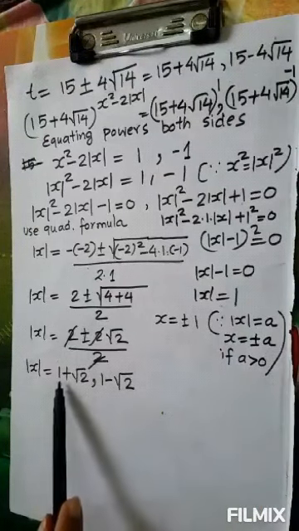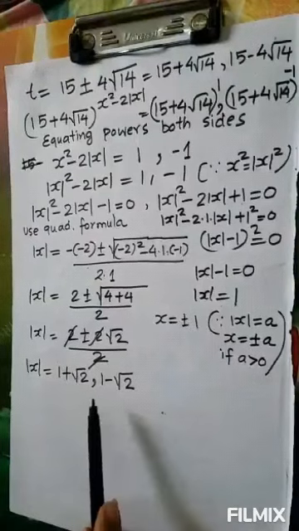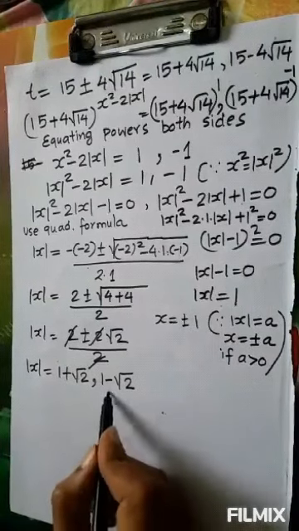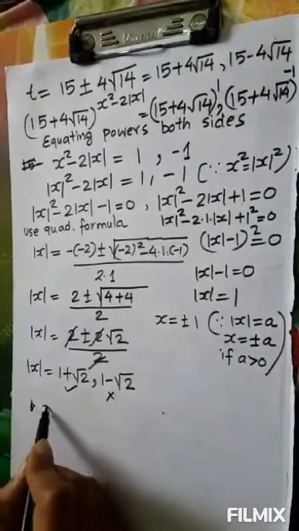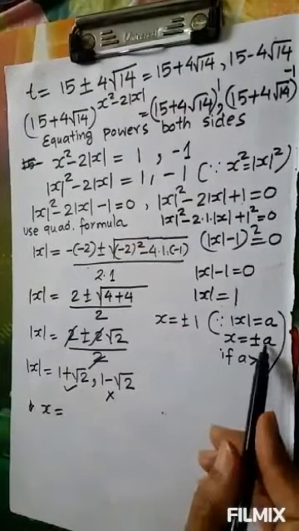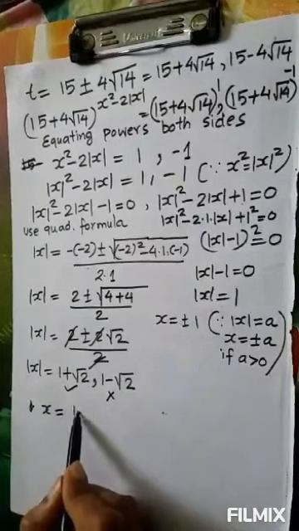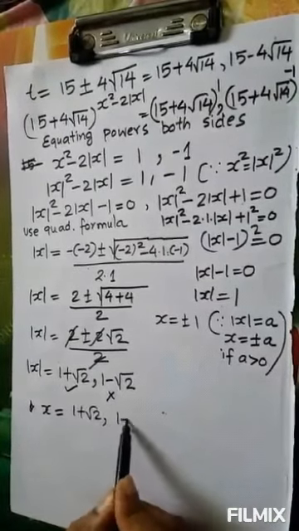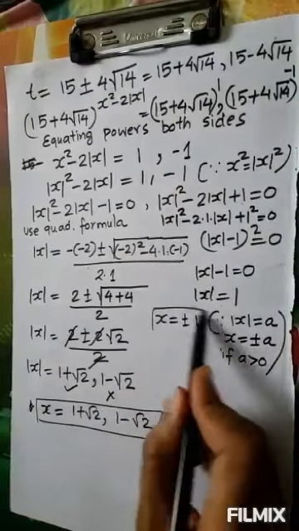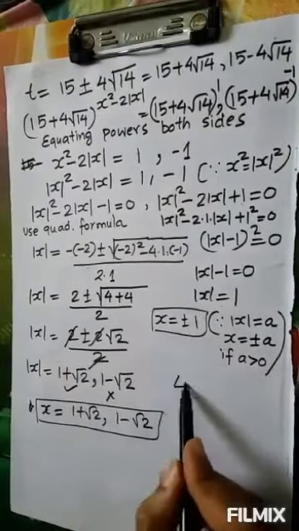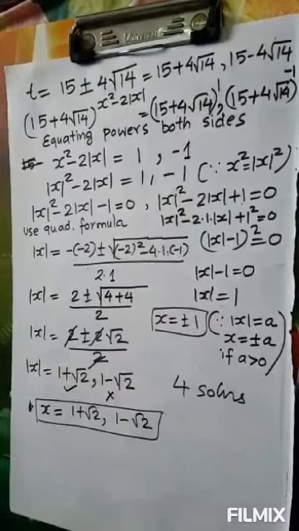Here we got two values, 1 plus root 2 and 1 minus root 2. Since this is negative, discard this and take this, and from here we will get x using the same, plus minus (1 plus root 2). So these are the solutions, 2 and 2, total 4 solutions we get.